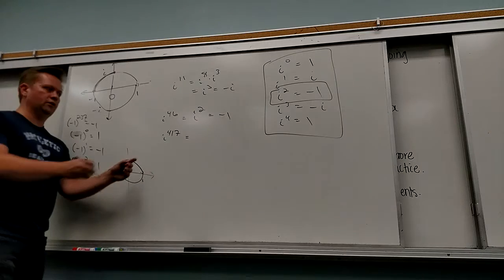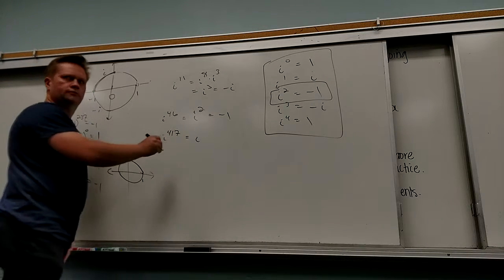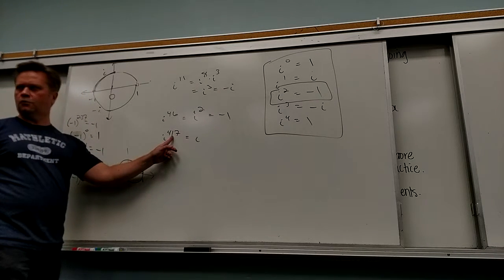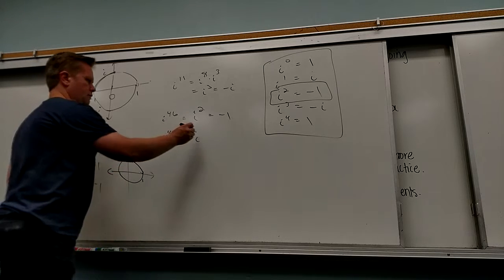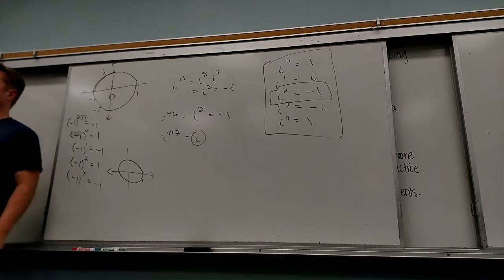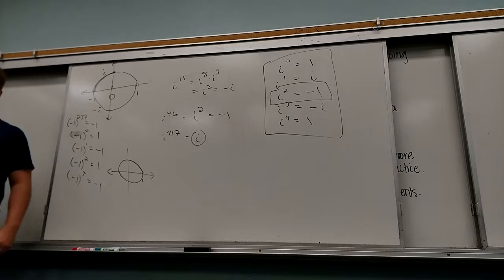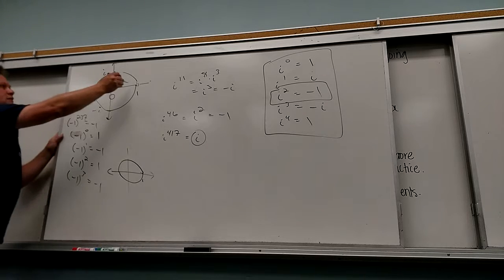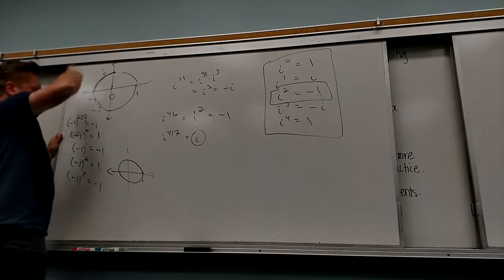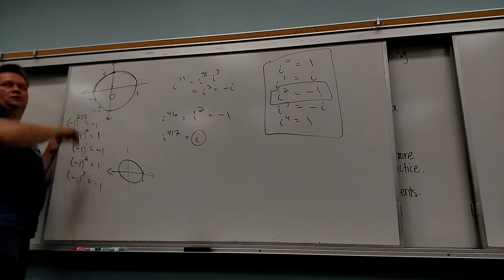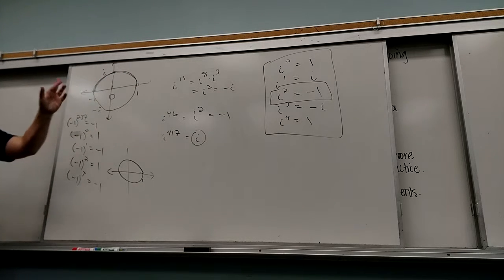So how many extra i's are there? 1. Done. See? There's 1 remainder, so that's the last i. So i to the 417 would be 416 rotations, and then 1 more. That's why I end up at i.